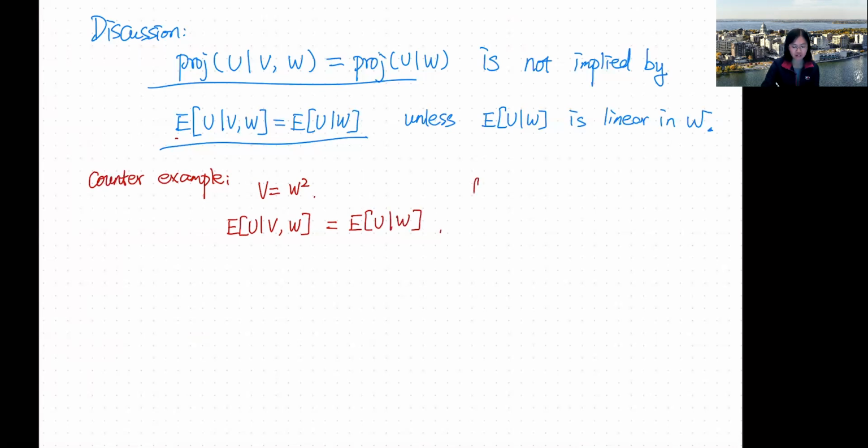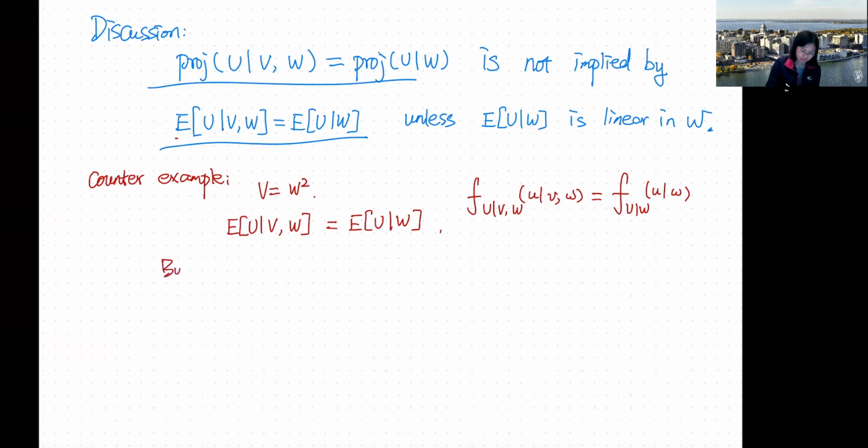In fact, the probability density function of U given V and W equals the probability density function of U given W. This is simply because once W's value is given, the value of V is also given, and V doesn't provide additional information.